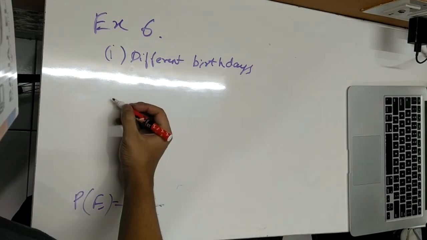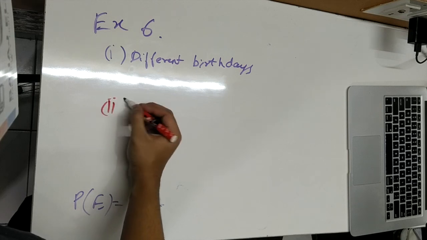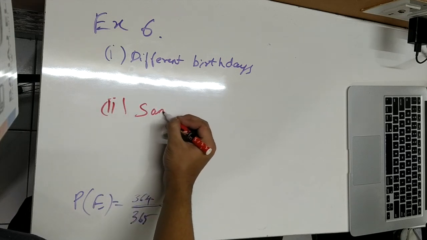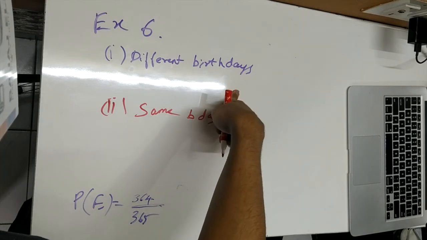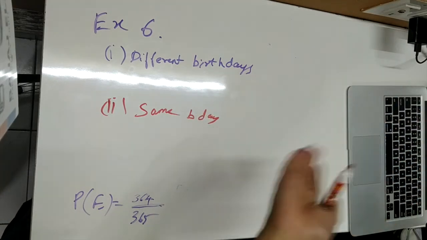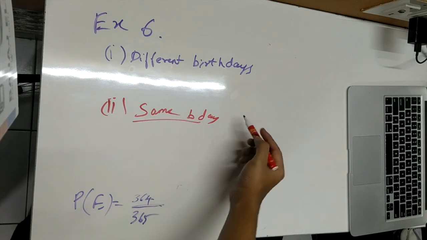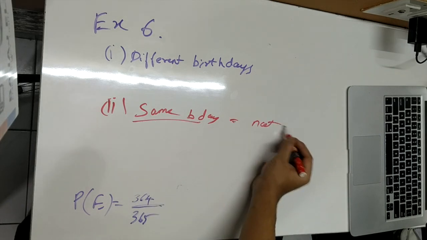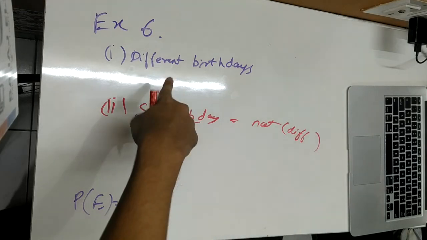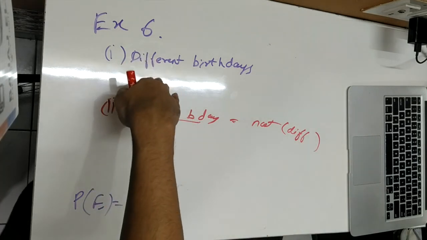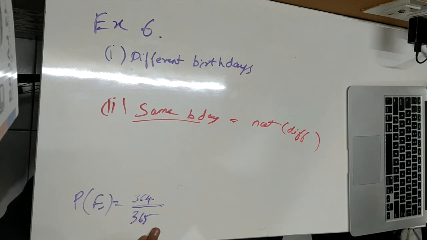Now what is the second question? It is same birthday. Is this the opposite of the first question? Yes. So this event can be written as not of different birthdays. Right? We already got the probability for the first one, that is 364 by 365.